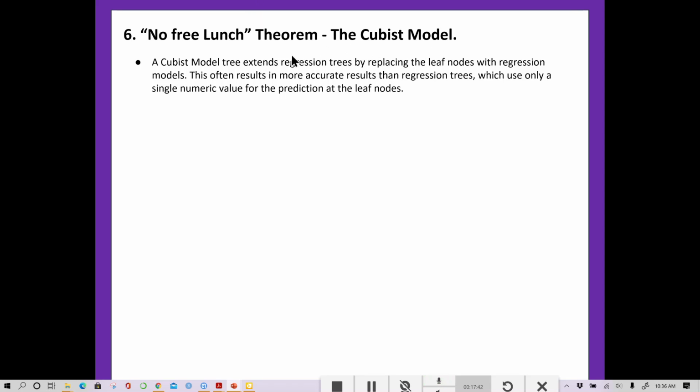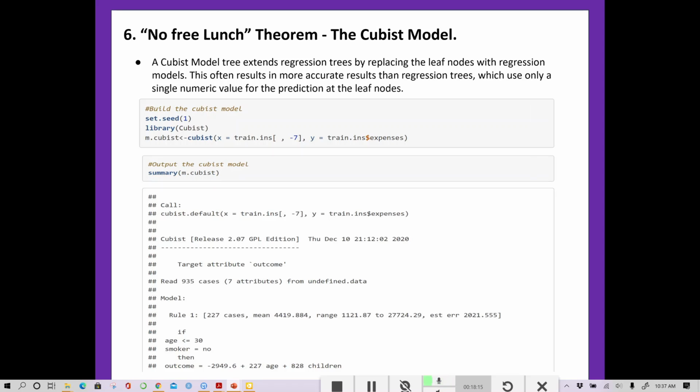What makes the Cubist model different from the regression tree is that at the leaf nodes, rather than using the average medical expenses of all instances in that leaf node to predict the medical expenses for the year, it uses all those instances in the leaf node to generate a regression model, and this often results in more accurate results than regression trees.